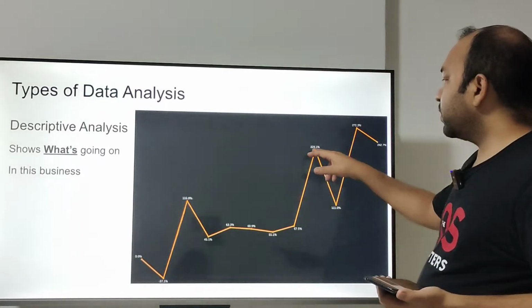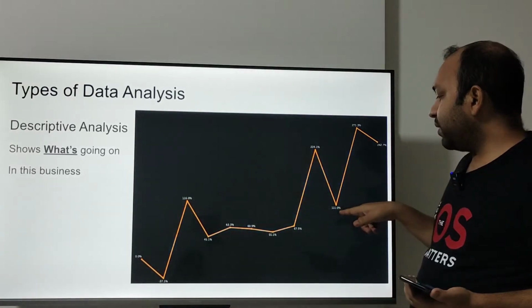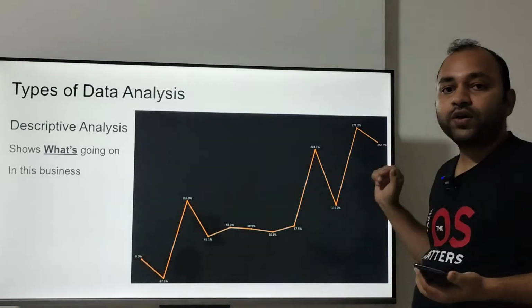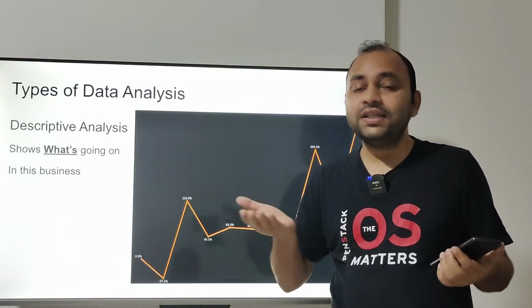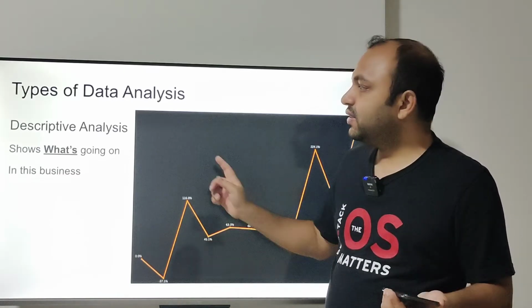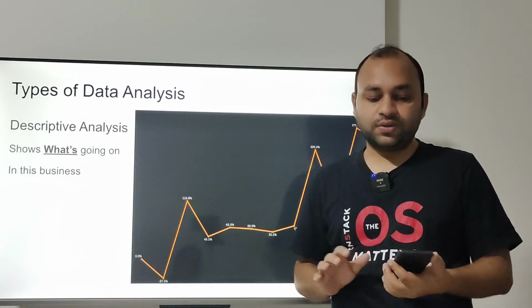You have 224% growth over here, which came down to 111%, then again moved up and now it is 242%. This is about making them aware, setting the baseline of what is going on in the business, and this is what descriptive analysis talks about.